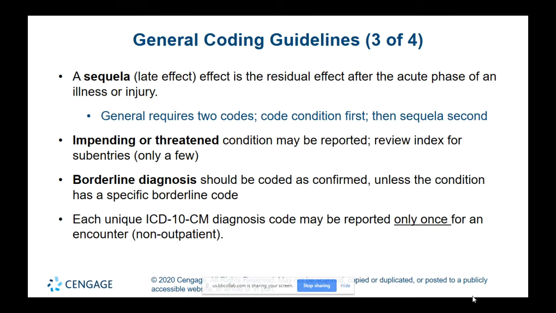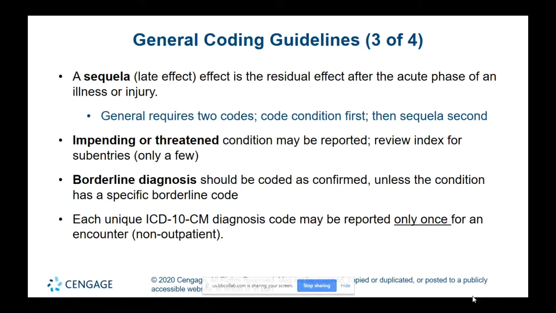So you would code specifically to borderline. But if it was a condition that did not have borderline available, you would code it as if that condition existed. So if you went to blood pressure, high, and borderline wasn't available, you would just code high blood pressure. That makes sense?